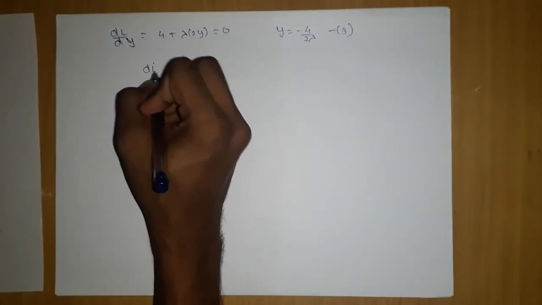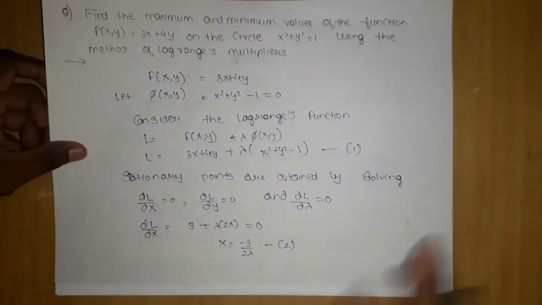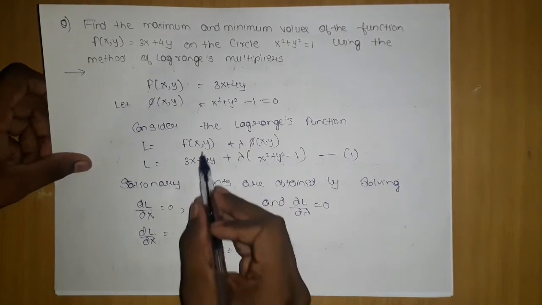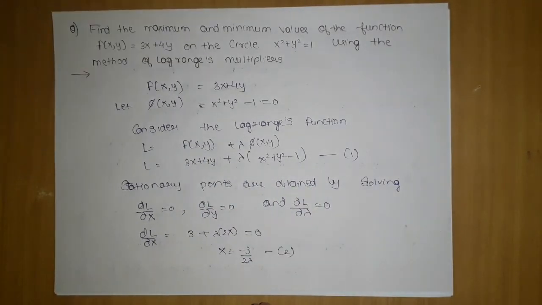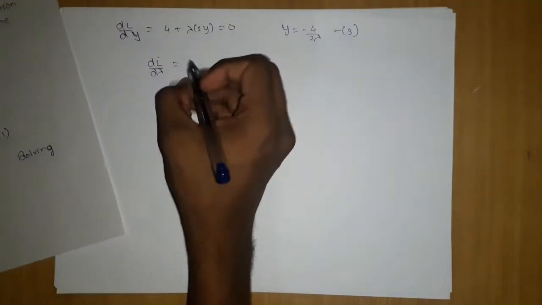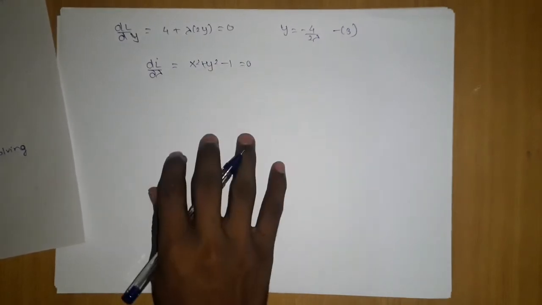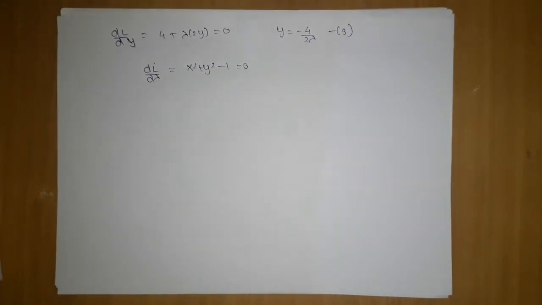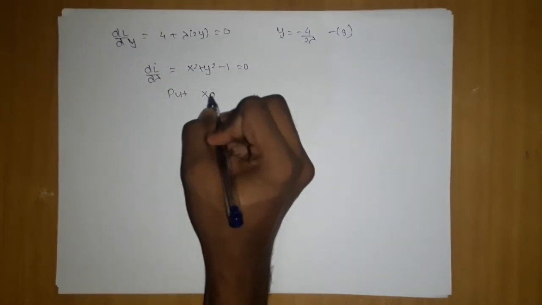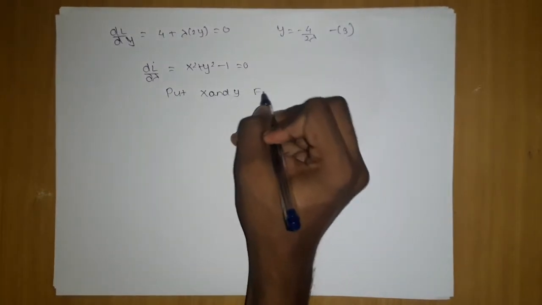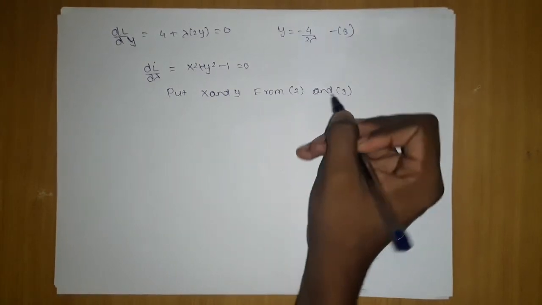Now I need dou L by dou lambda. If I differentiate with respect to lambda, the first part becomes 0 and the constraint remains: x squared plus y squared minus 1 equals 0. Put x and y from equations 2 and 3 to get the lambda value.